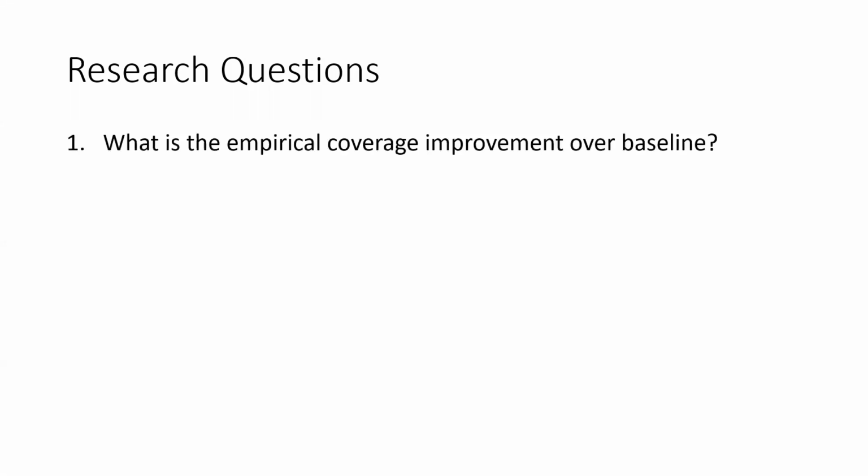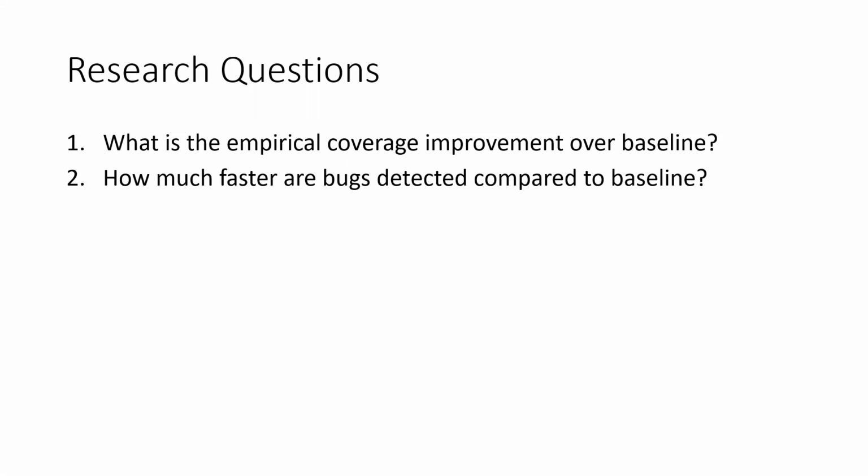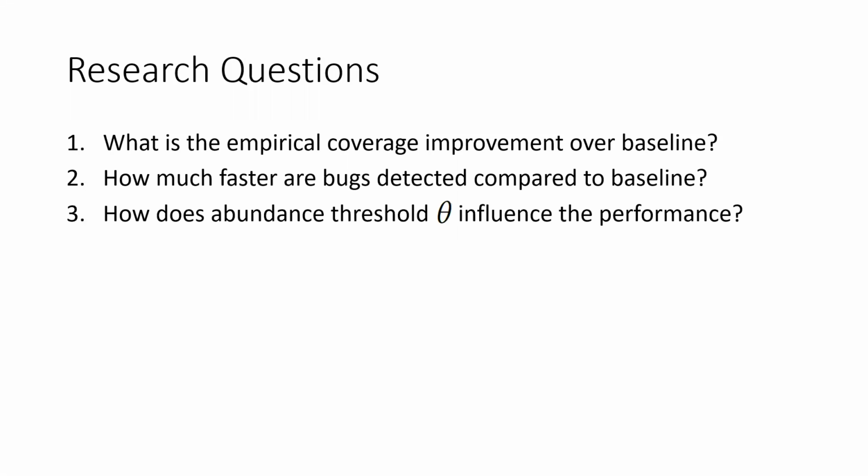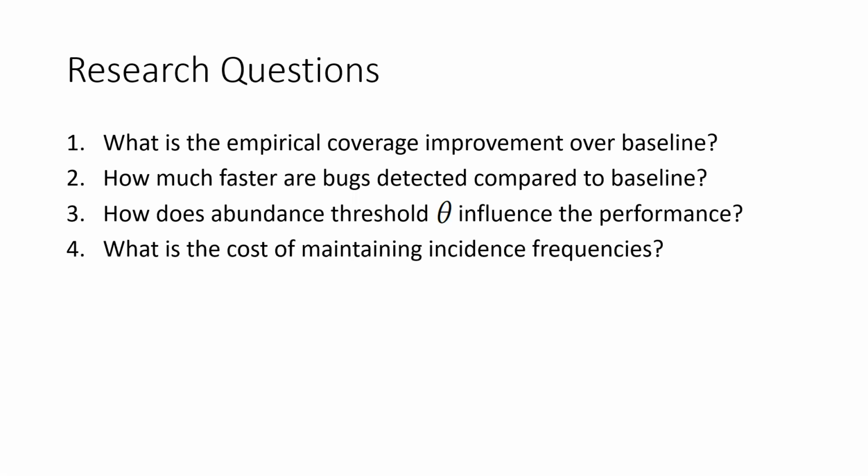So these are the research questions that they have. What is the empirical coverage improvement over the baseline? How much faster are bugs detected? How does the abundance threshold theta influence the performance? And also, what is the cost of maintaining the incidence frequencies in the fuzzer?